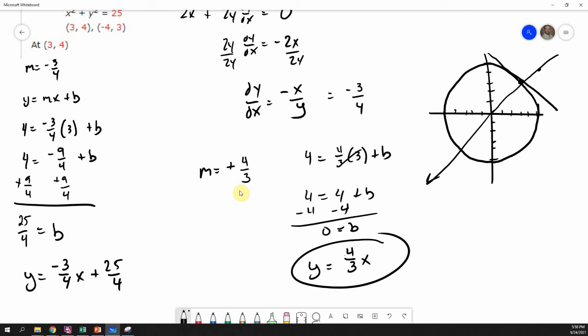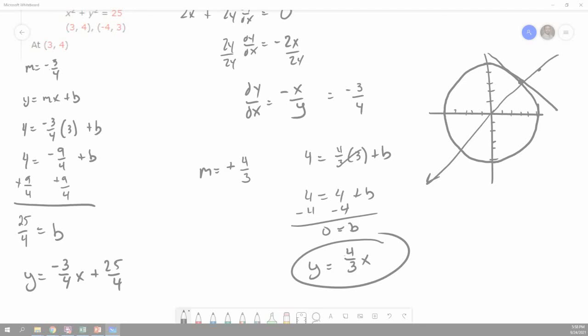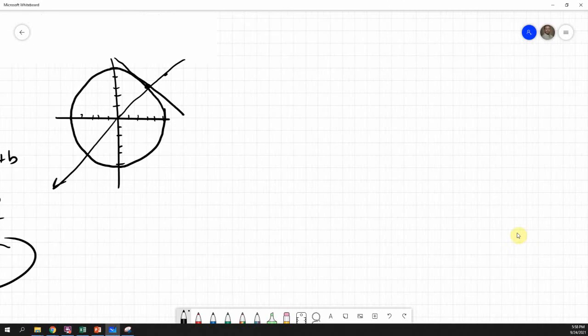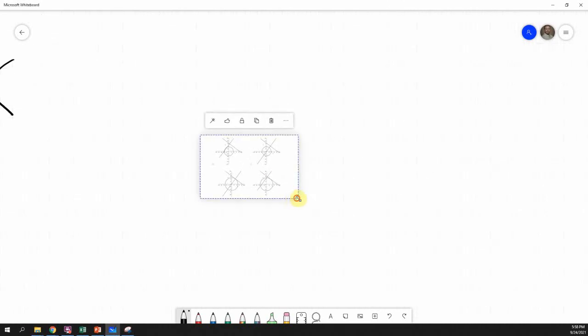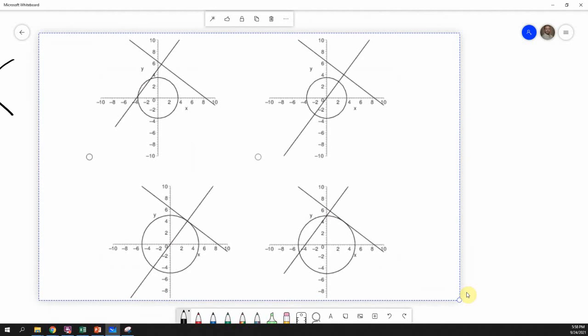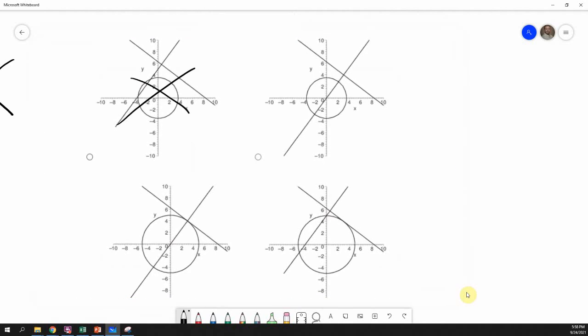So when you look at these pictures, you're looking for one that has the right circle, where the intersection is on the circle, and where of the two lines, one of them is touching and one of them is going through. So if we look at our different options on this one, neither one of these lines is tangent.